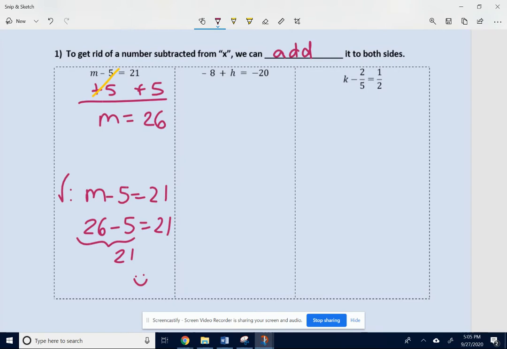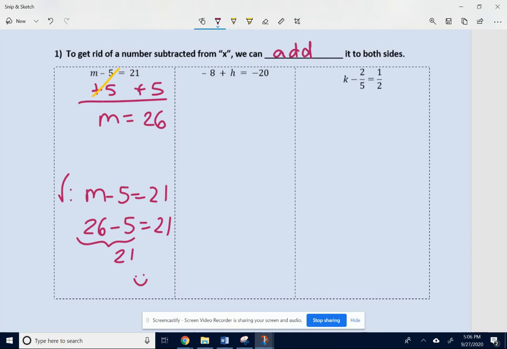The way we got it was we got rid of the subtracted 5 by adding 5 to both sides. The second one: negative 8 plus h equals negative 20. What I'd like you to think about is that a negative number could be thought of as a subtracted number.